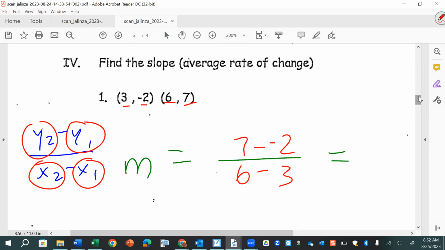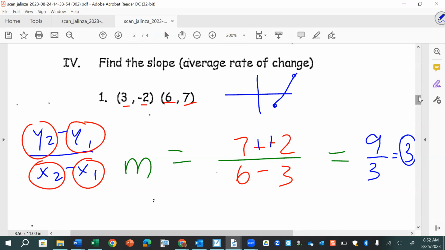What did you do back in middle school when you had minus a negative? Did you cry? Of course not. You said plus positive. Now 7 plus 2 is 9 over 6 minus 3, which is 3. Always simplify. Final answer, not 3 over 1, plain old 3.